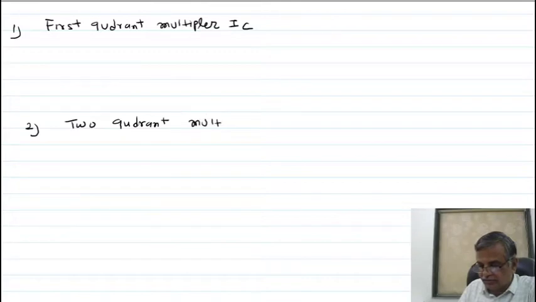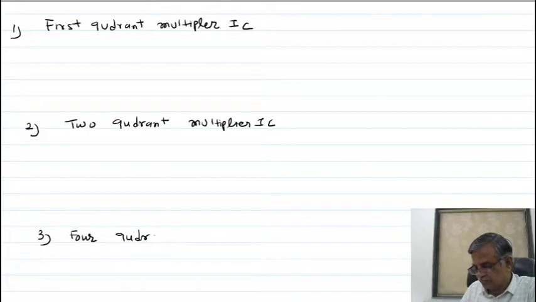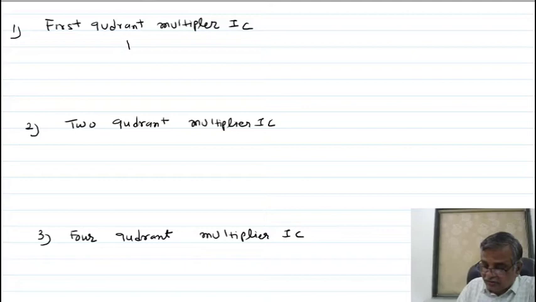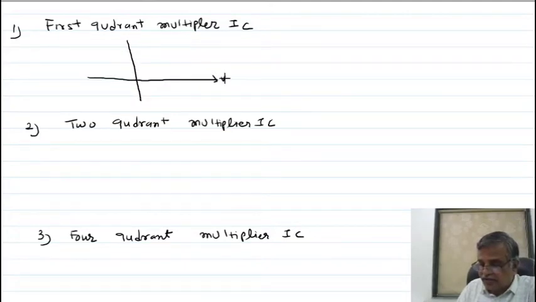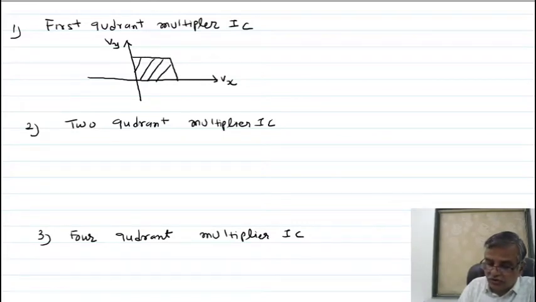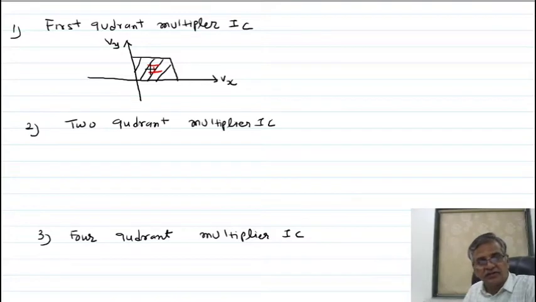Third, four quadrant multiplier IC. If both the signals Vx and Vy are positive, then the IC is called a first quadrant multiplier. In a first quadrant multiplier IC, both the signals are positive.